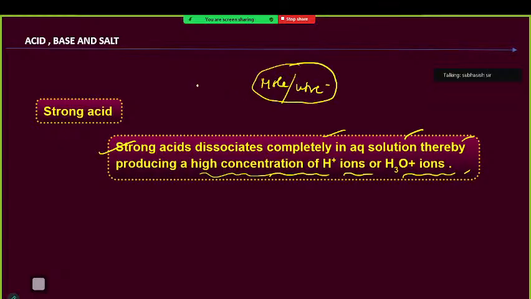Concentration is the amount of H plus in moles per liter of the overall volume of the solution. So a strong acid dissociates near about completely with the formation of a high concentration of H plus ions or H3O plus ions. These are called strong acids.